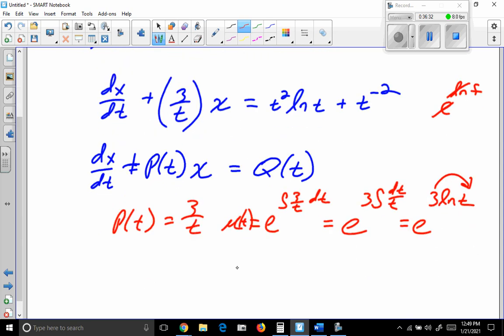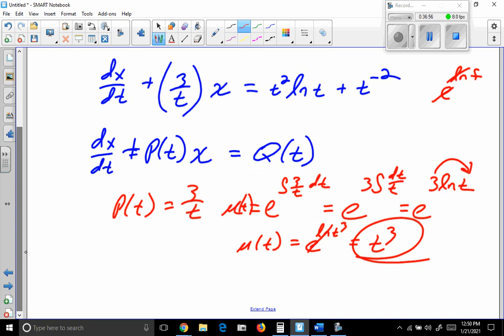So if we rewrite this, mu of t is e to the natural log of t cubed. That goes up to the exponent. And now that we have e to the natural log, those undo each other, giving us t cubed. So a big part here is making sure that when we integrate, we don't cancel these out until the 3 goes up as the exponent.